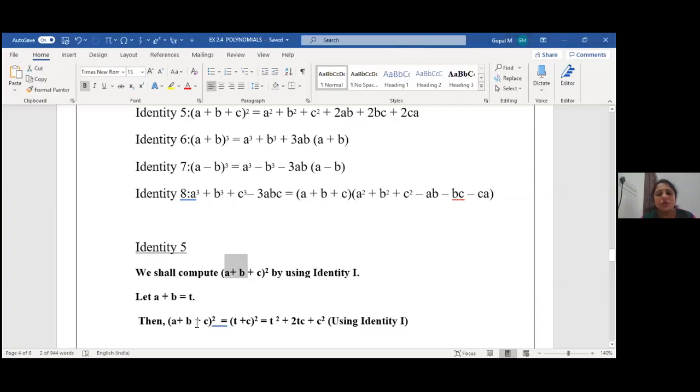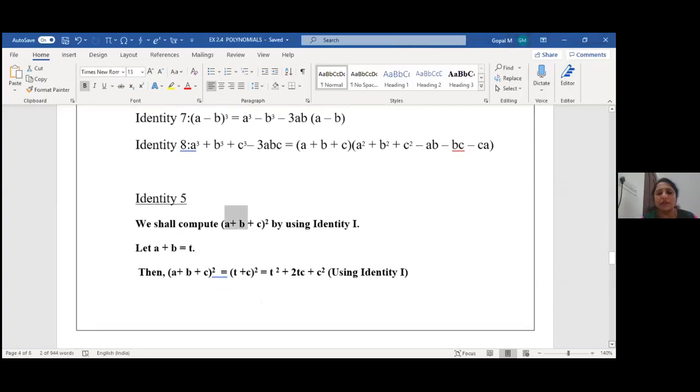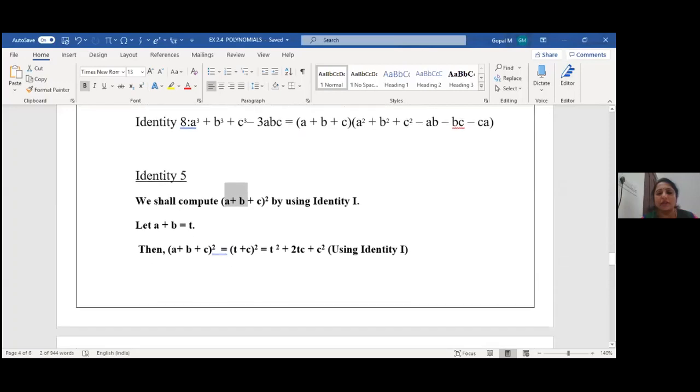So in place of a plus b, if I put t, it becomes (t plus c) whole square. So I'll apply the (a plus b) whole square formula: t square plus 2tc plus c square. Any doubt here?